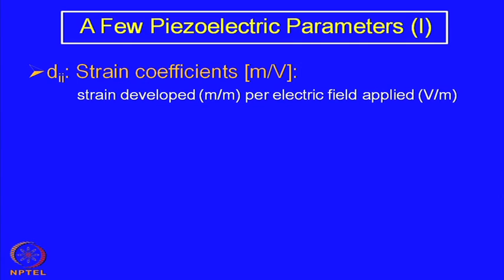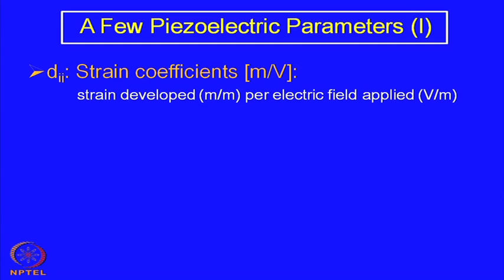One is the strain coefficient, because the 2 parameters are interconnected: the electric field and the mechanical strain. So, there must be some coefficient which relates both of them. That is the strain coefficient.